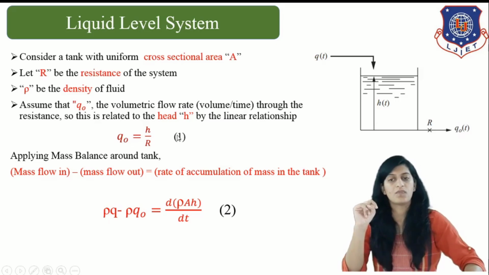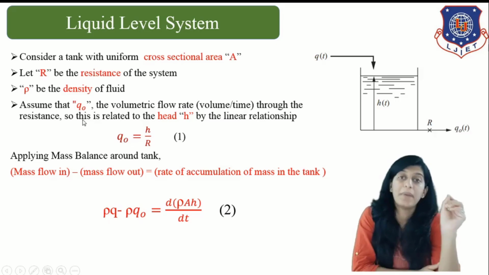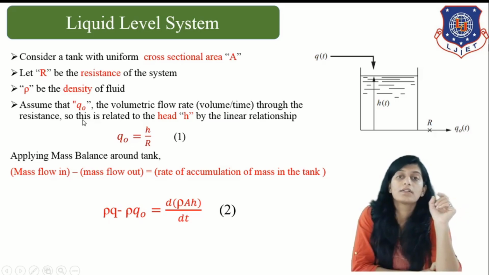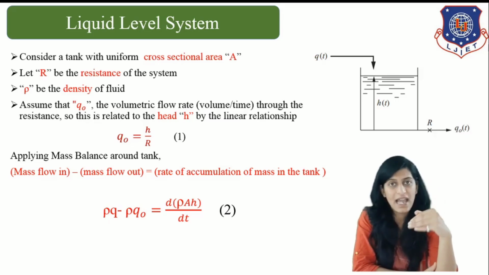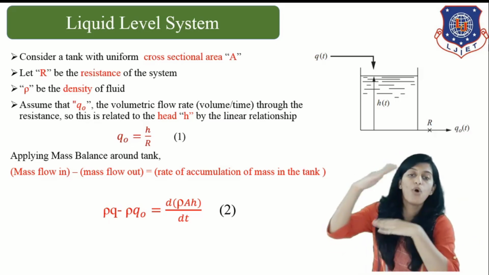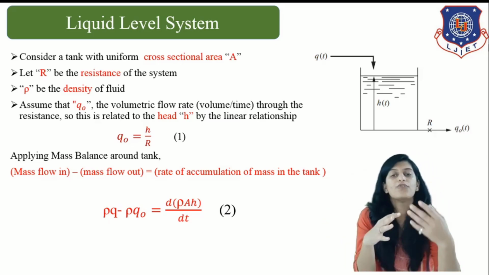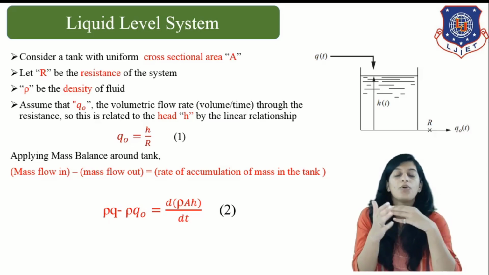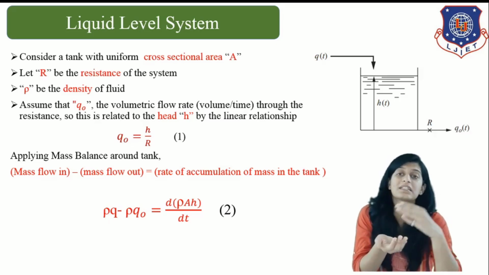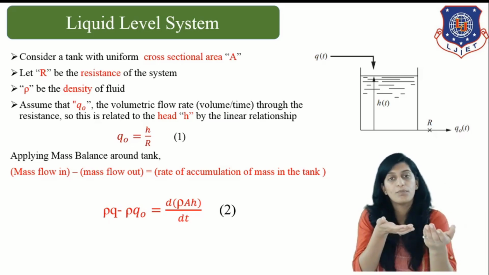Because the volumetric flow rate at the outlet will depend on the head or height of liquid inside the tank and the resistance. The more the height of liquid inside the tank, the more the volumetric flow rate q0, and the more the resistance offered, the less the volumetric flow rate from the outlet.